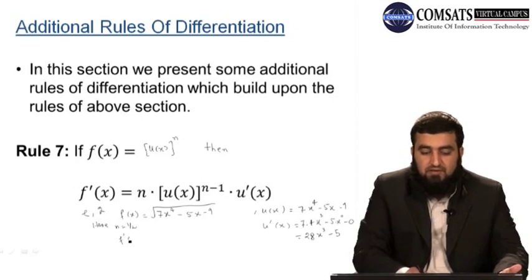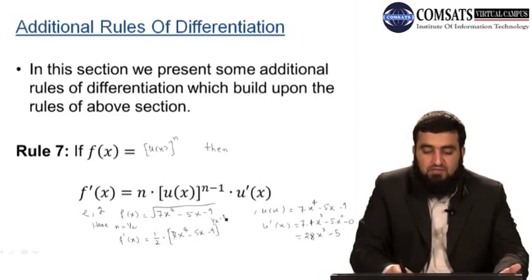So your f prime of x is equal to n, आपका जो कि है 1/2 into u of x. आपका u of x क्या है, 7x to the power 4 minus 5x minus 9 to the power n minus 1. So this is half minus 1 into u prime of x, which is 28x cube minus 5.